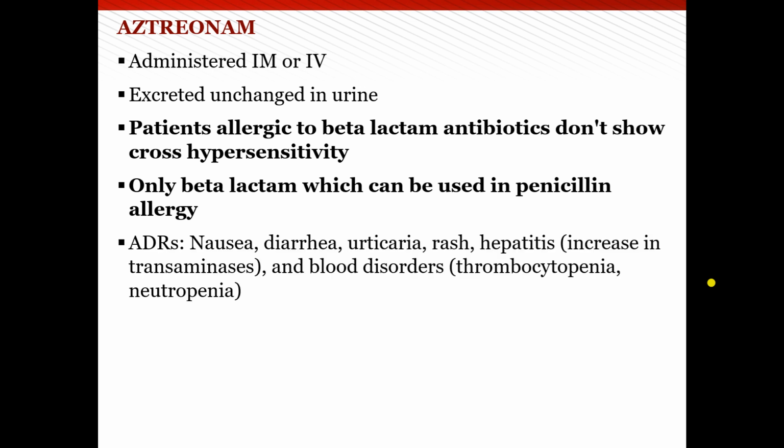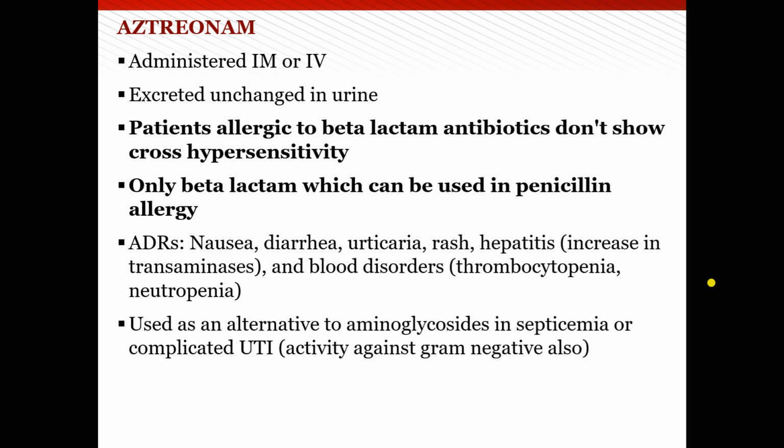Adverse drug reactions of Aztreonam are nausea, vomiting, diarrhea, urticaria, rash, increase in the transaminases leading to hepatitis, and sometimes blood disorders like thrombocytopenia and neutropenia have been reported. It is used as a reserved drug. It can be used as an alternative to aminoglycosides in septicemia or in complicated UTI because of its activity against gram-negative bacteria only.